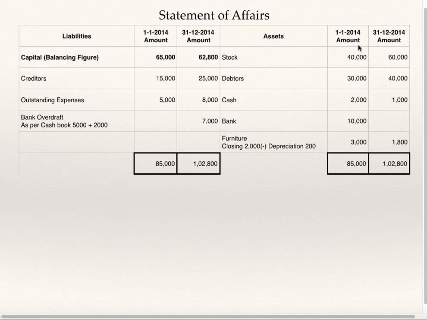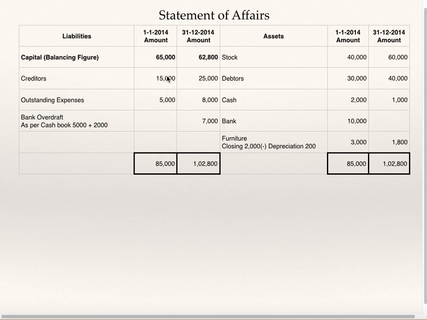Now statement of affairs. I have prepared a columnar statement of affairs, opening as well as closing. Stock, opening, closing. Debtors, opening, closing. Cash, opening, closing. Bank, only opening, closing is not there because closing is overdraft. Furniture, opening is 3000, closing 2000 minus 10% depreciation 1800. Assets total opening 85,000, assets total closing is 1,02,800.